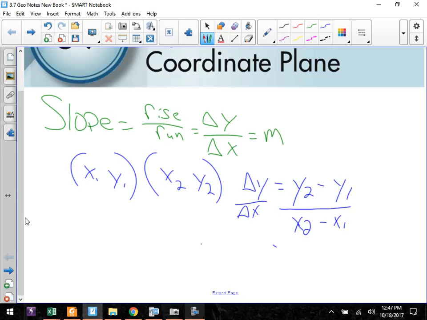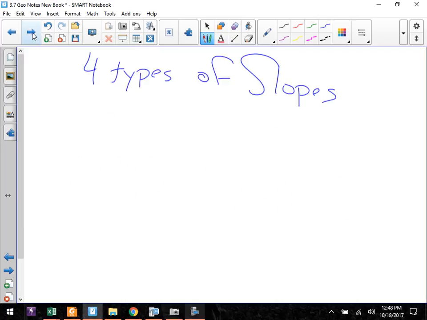What is one of them? No, those aren't equations. That's a positive slope. Negative slope. In between slope. Neutral, yes. I just threw it in neutral, see what happens. So, all right. We have 4 types of slopes.